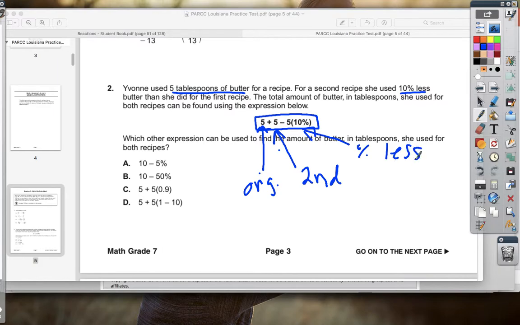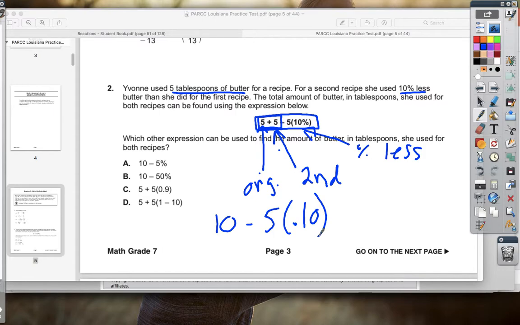Now there's a few ways that we can solve this. We can look at what is going on with the 5s and say to myself, well, I know that we have 10 tablespoons found roughly in both of them, but then I need to get rid of that 10%. And being the good math student I am, I'm going to write 10% as the decimal.